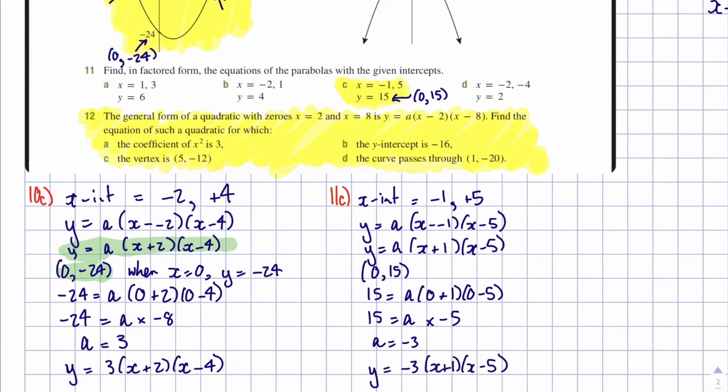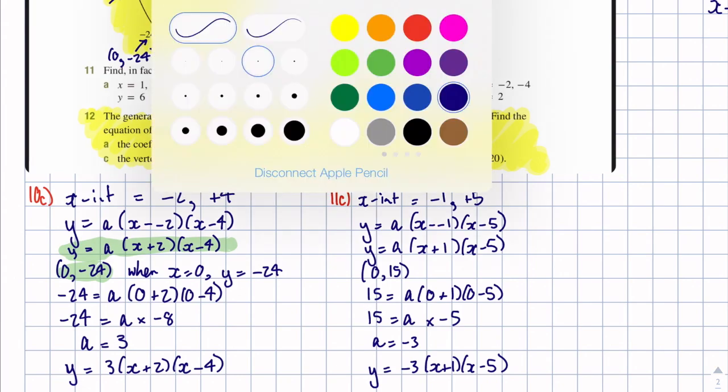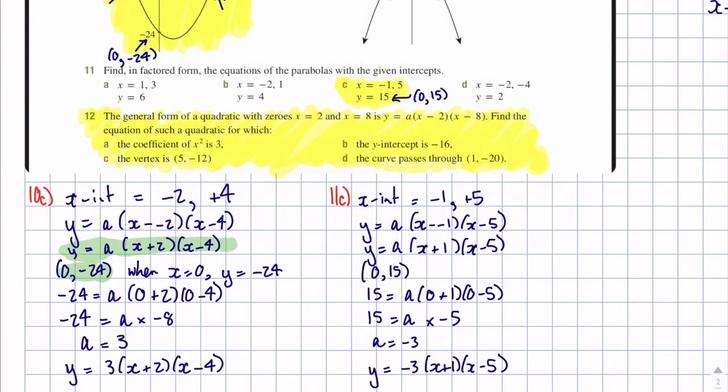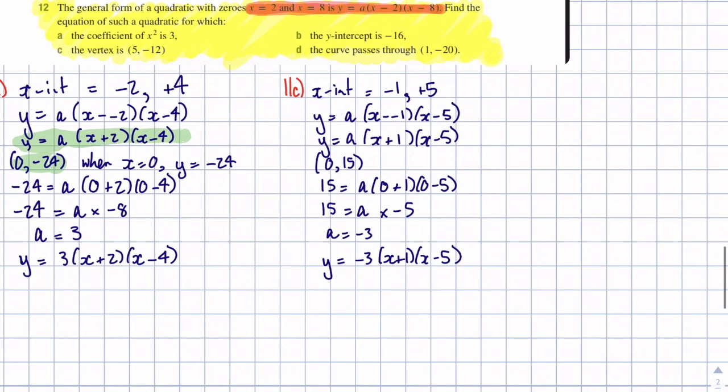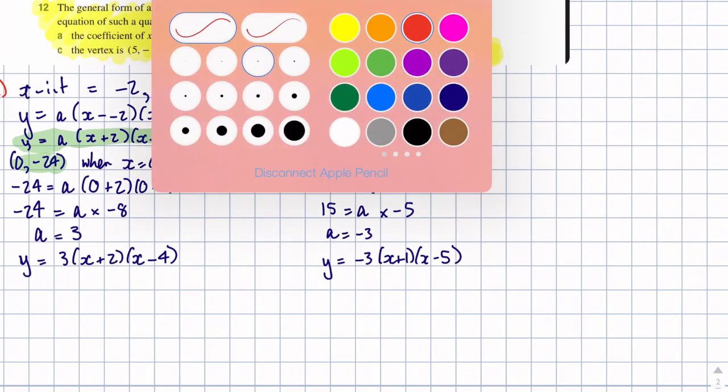You won't always get the y-intercept though. For question 12, they've already told us the zeros. Let's have a look at 12a.